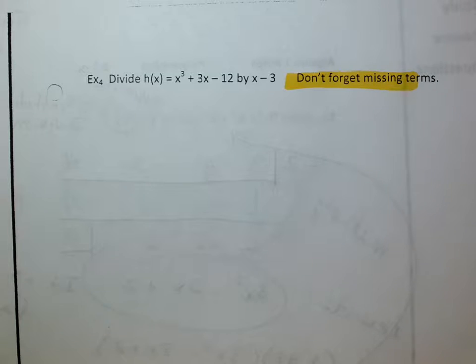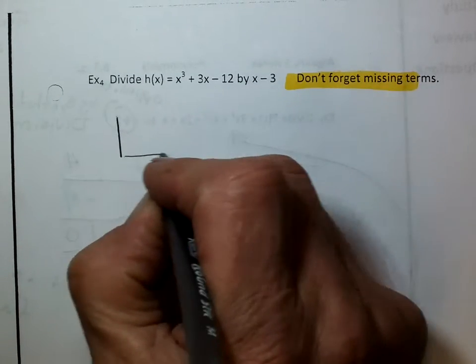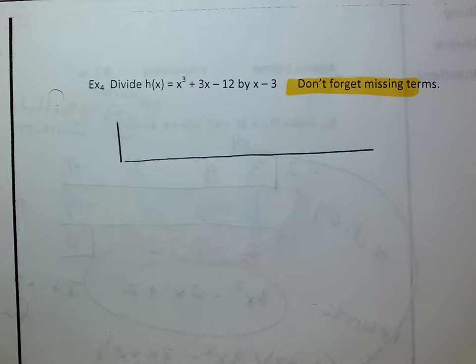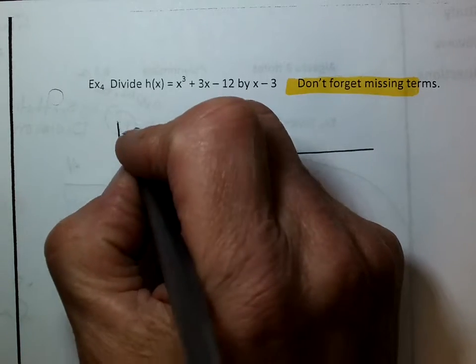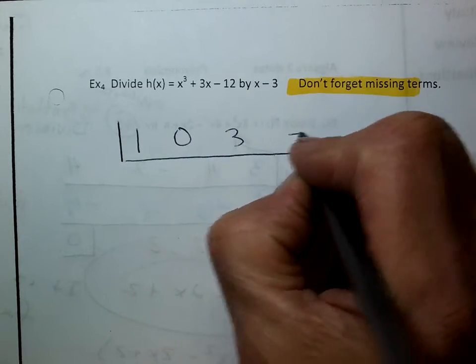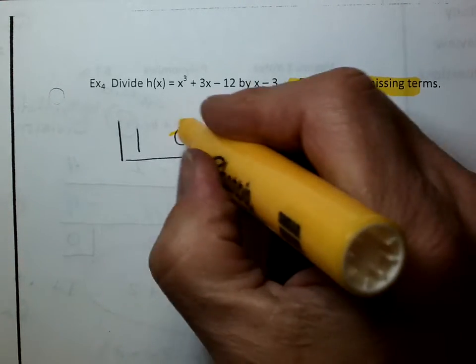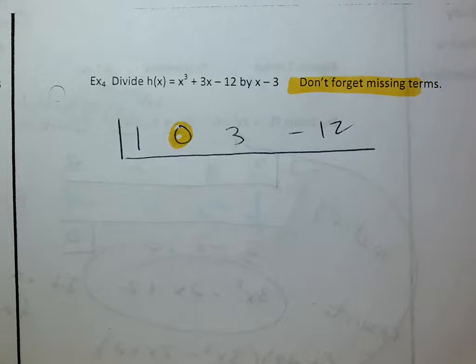So now, example 4, which looks like all the rest of them, but I gave you a little hint. What's my little hint? Oh, don't forget. Oh, there's something missing. So let's do it like we always do. Step 1, upside down division, right? Put in our numbers 1, 0, 3, negative 12. Where did that 0 come from, Leora? Because you have to have an x squared, but since there's no x squared, it would just be 0.